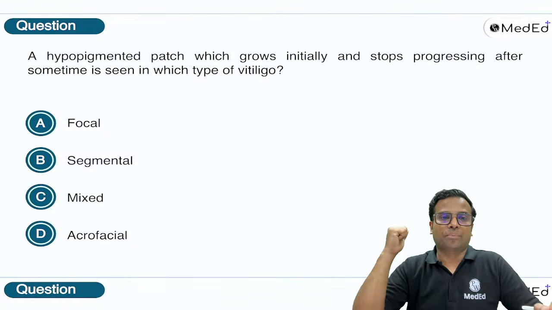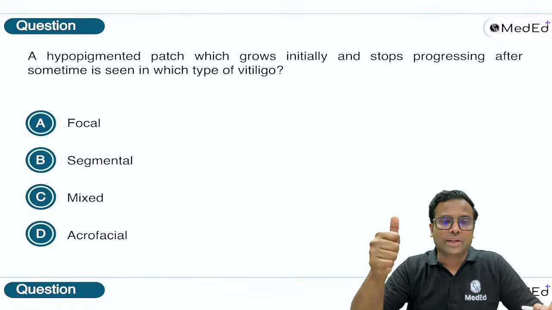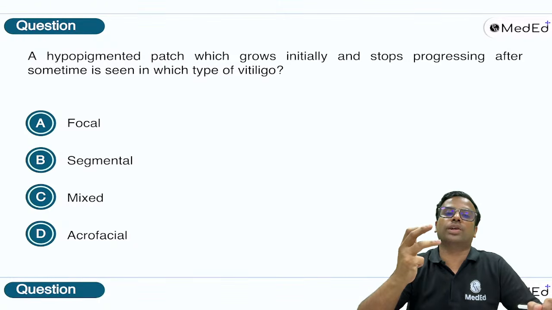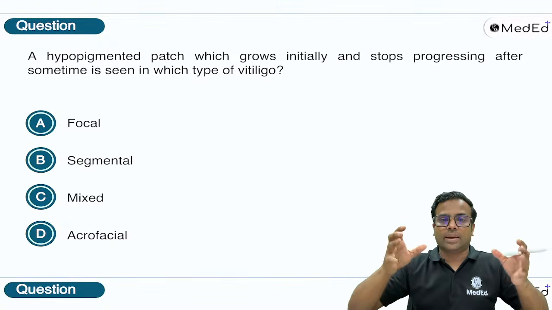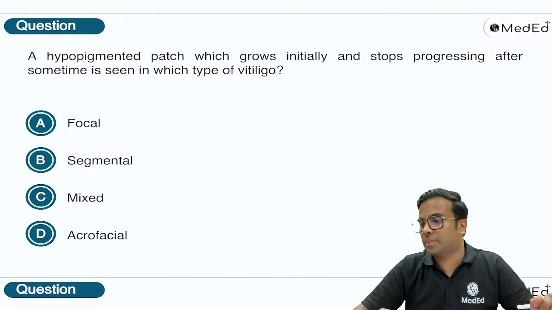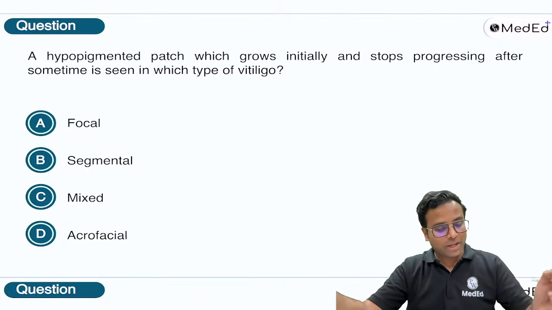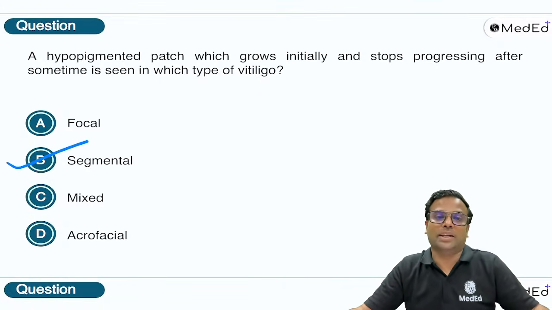Is it focal vitiligo, segmental vitiligo, mixed type of vitiligo, or acrofacial, which will grow initially and stop progressing after some time? So here the right answer should be, yeah, it should be segmental vitiligo.